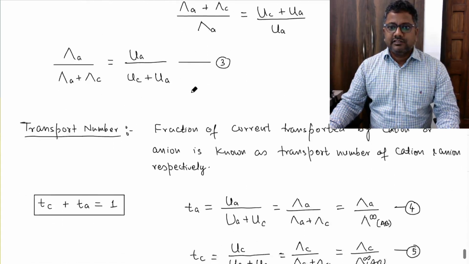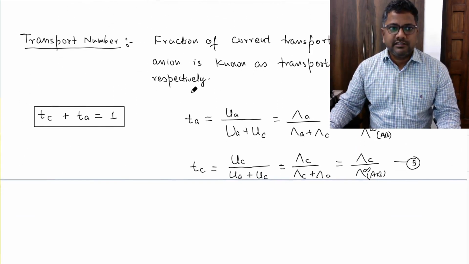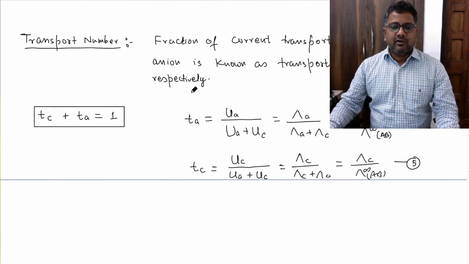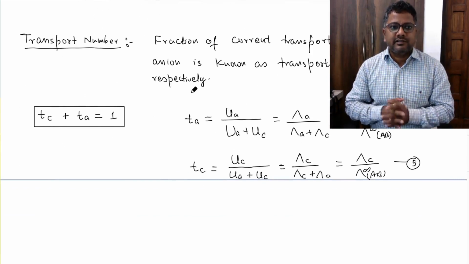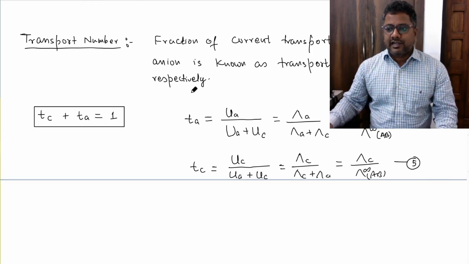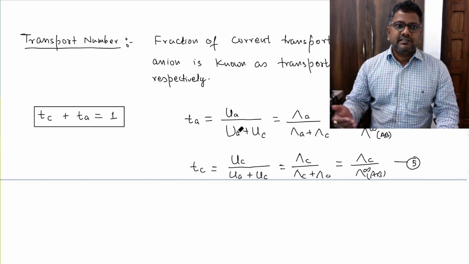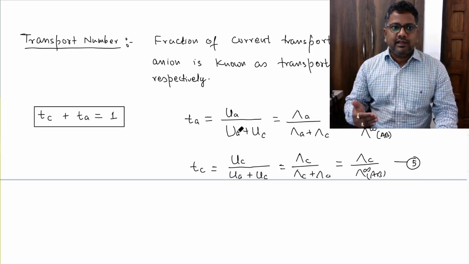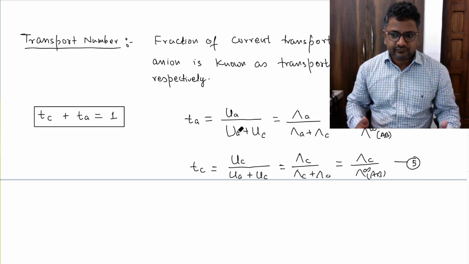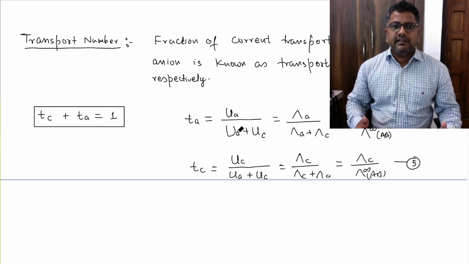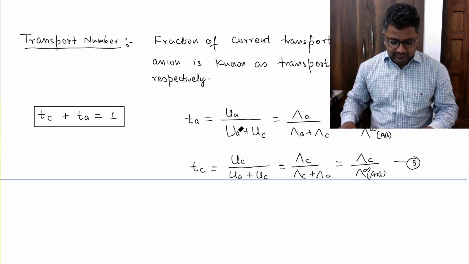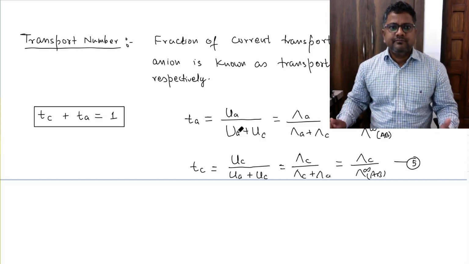Okay, so this is all about conductance. Now conductometric titration. Like acid-base titration, in acid-base titration, to detect the end point you have to use some indicator. Those indicators are acid-base indicators, and obviously indicators are also weak acids or weak bases.